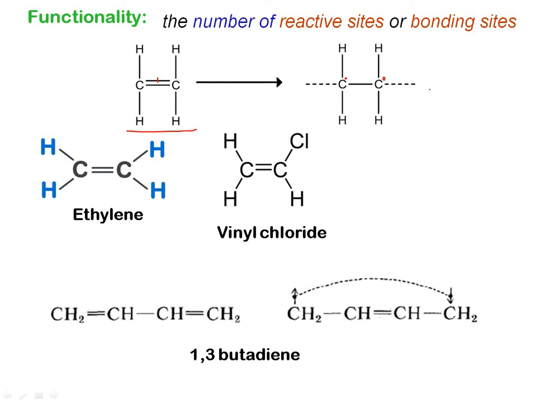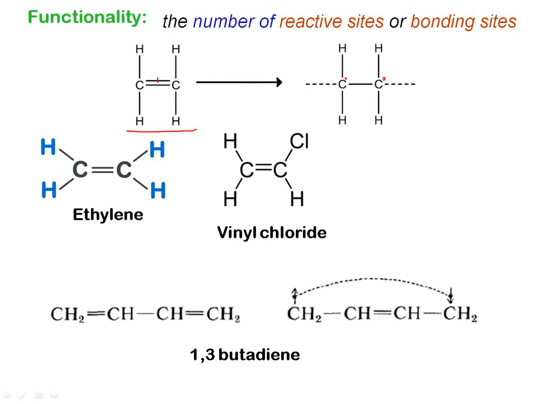Two active radicals are bonding sites. These bonding sites can link with another adjacent bonding site, so that chain elongation takes place. In this way a polymer is formed. A monomer must be at least bifunctional to form a polymer.